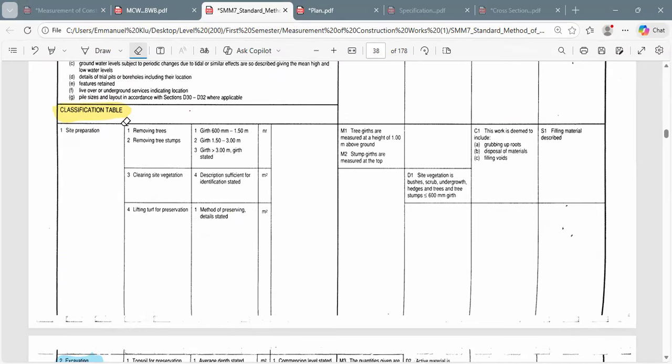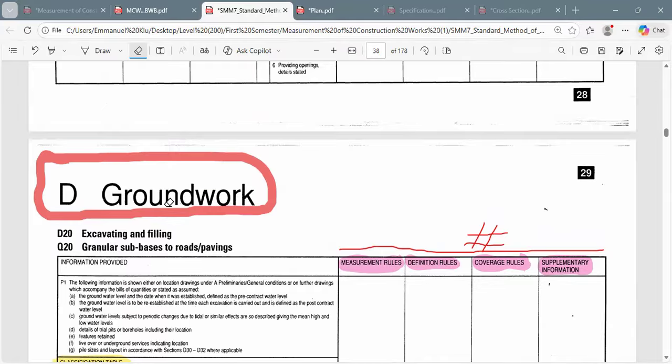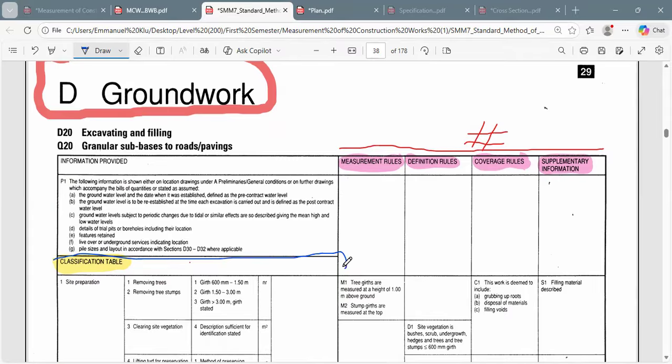If you open the measurement of construction works, SMM7, take a look at this table. All of this up to here is the classification. Going down is the measurement rules, this is the definition rules, this is the coverage rule, and these are the supplementary information.